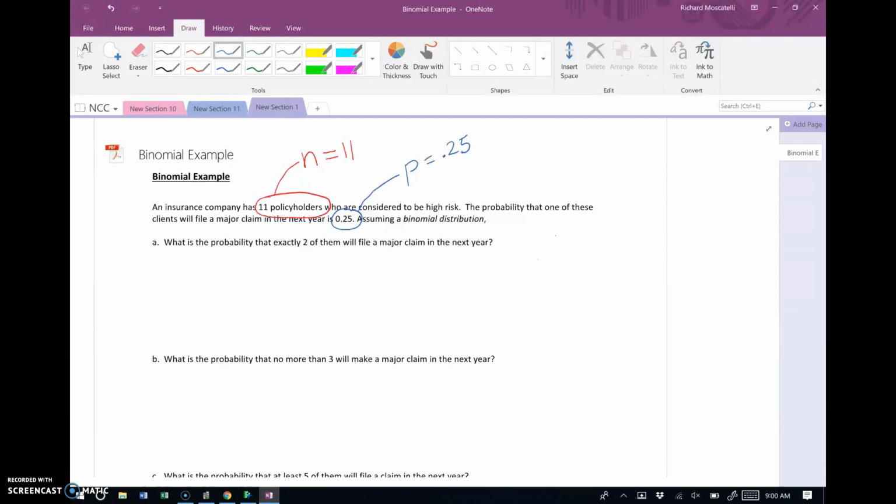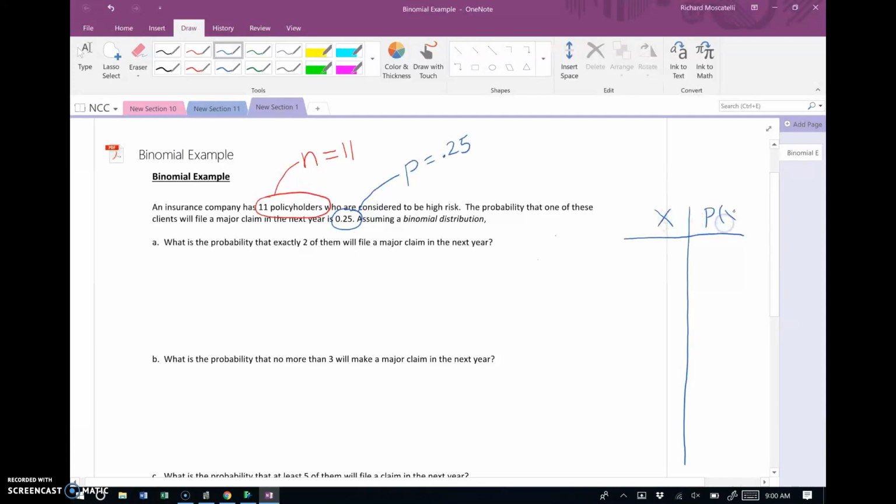So now think about it. If there's 11 people in this policy that we're looking at, how many of them are going to file a claim in the next policy period? Well, that's a random variable, obviously. I like to give a look at what this thing looks like on paper.